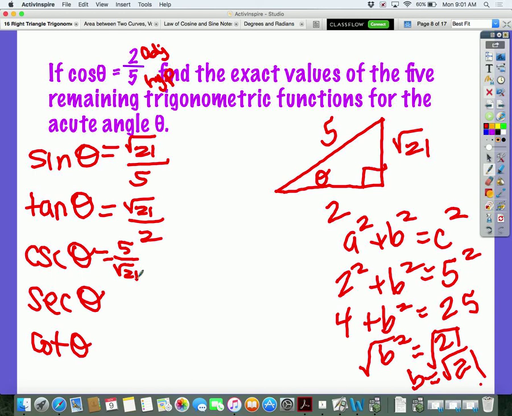But you cannot have a radical in the denominator, so you can't stop here and say that you're done. How do I get that radical out of the denominator? Rationalize it. So I multiply by radical 21 over radical 21. This is how you get rid of the square root in the bottom. It's called rationalizing.